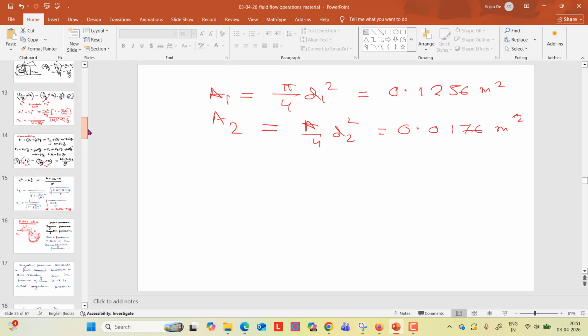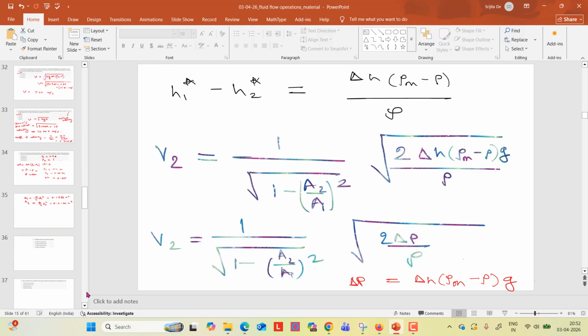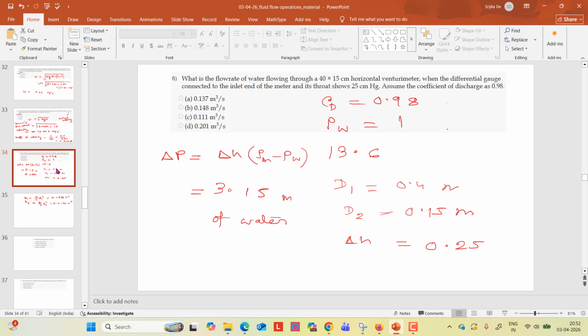So in the Venturi meter, this is 2 delta P, which is delta H into rho m minus rho, into G, right? So we are calculating this. In our case, in delta P, we have calculated this only, so G will also be there. Or else if we don't want to calculate now, we can calculate it later also.